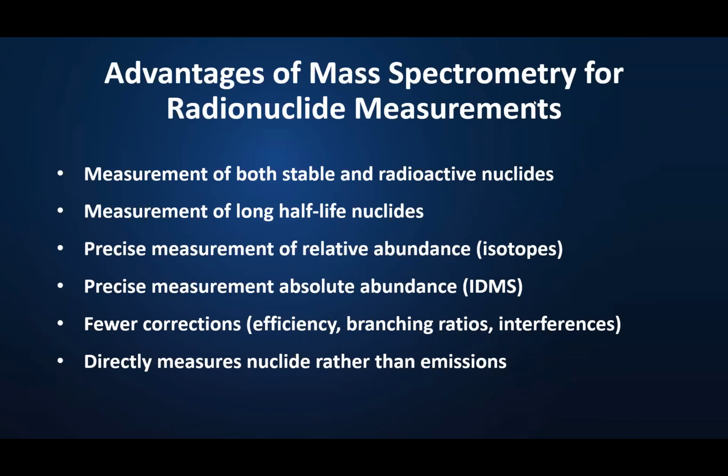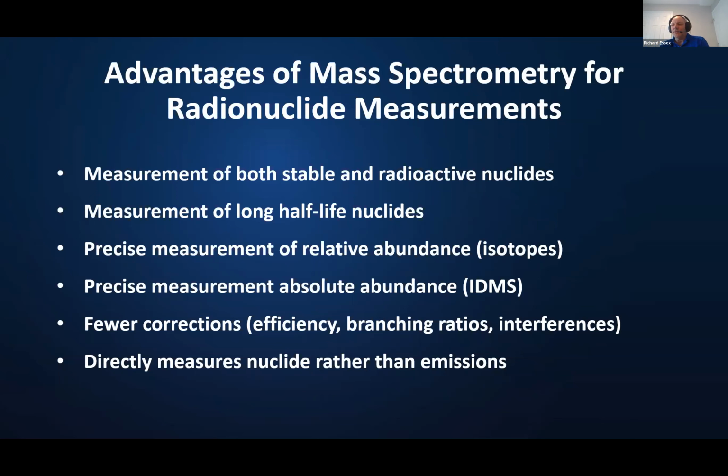Dante has put in the chat, uncertainties in branching ratios can also dominate the budget in gamma and X-ray spectrometry and isotope ratio techniques. Yeah, I'll touch on that a little bit.